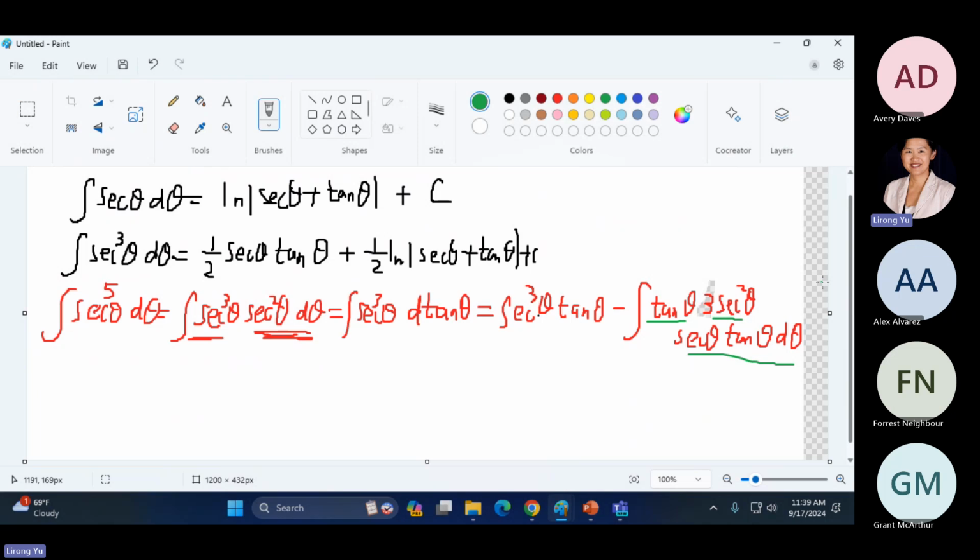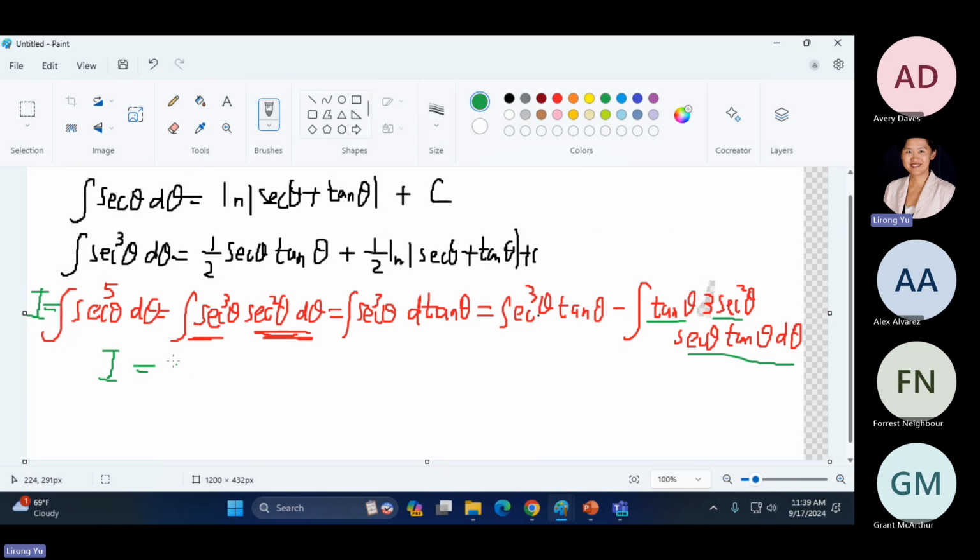Over here we can combine the secant. These two combined would equal secant cubed. There's tangent times this tangent, which is tangent squared. Then tangent squared equals secant squared minus 1. I'm calling this I again because we're doing the integration by parts method.